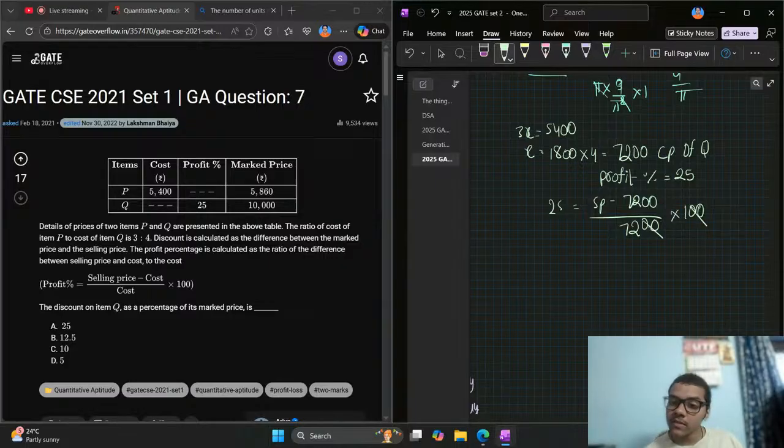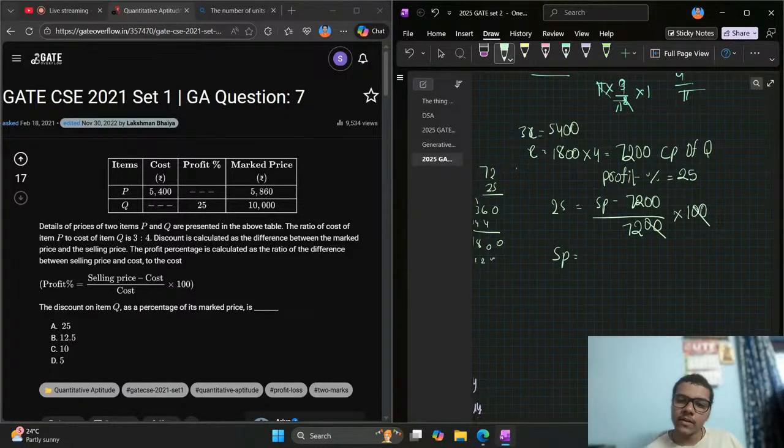Cancel these two things. So 25 times 72 gives 1800. SP is equal to 1800 plus 7200, which is 9000. 9000 is the selling price.